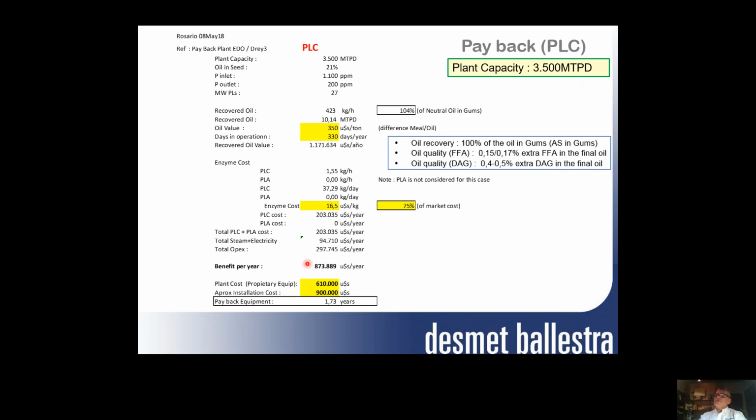But okay, even considering this very conservative figure for the valuation of the oil recovery, we have not even 2 years, about 1.7 years.